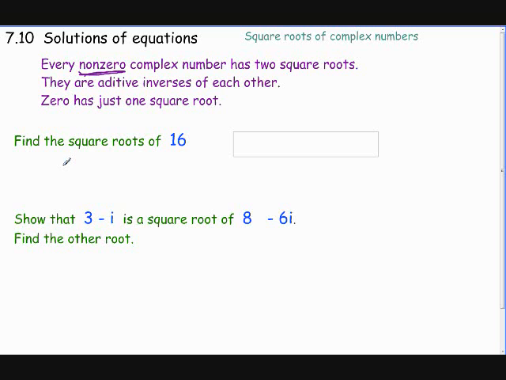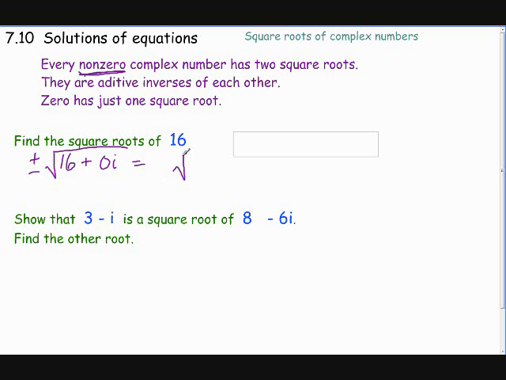Okay, well, we can think of that as 16 plus 0i, right? And if we want to find the square roots, we're going to find plus and minus square roots of that.